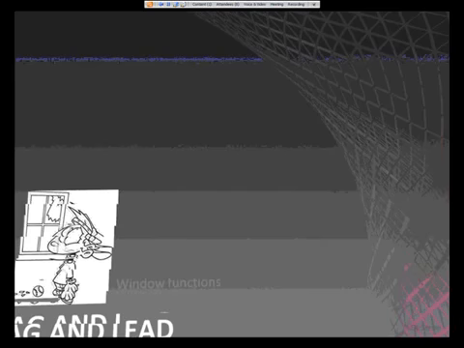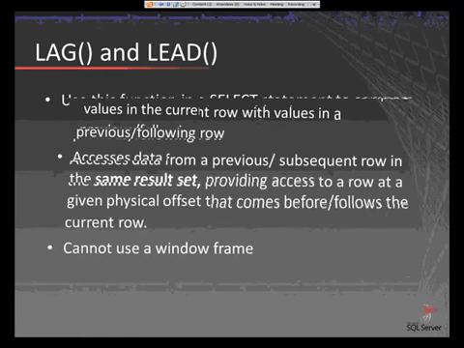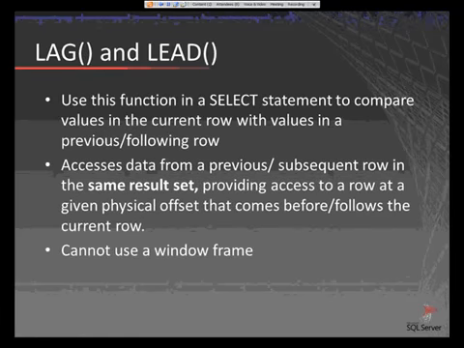Lag and lead. More than first and last, now we have the ability to specify something other than the first or the last, like 4 rows ago, or 4 rows in the future. Or, future being in a stream, not necessarily a time series type of stuff.